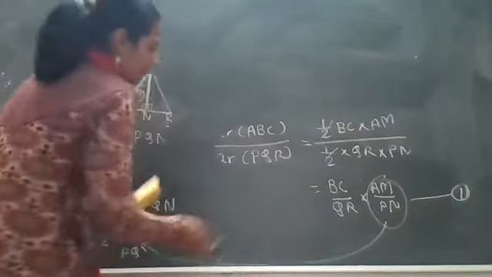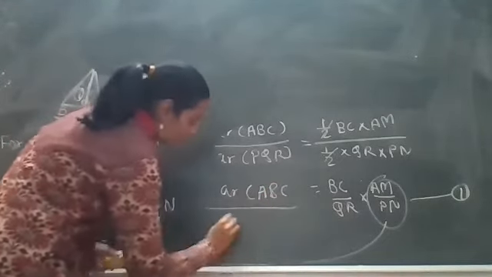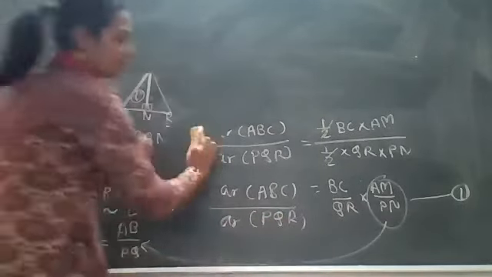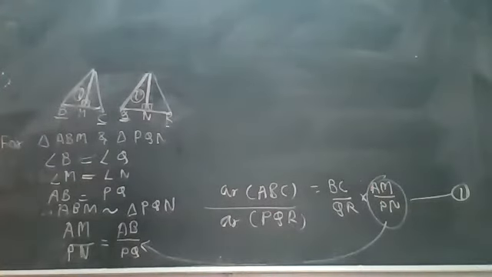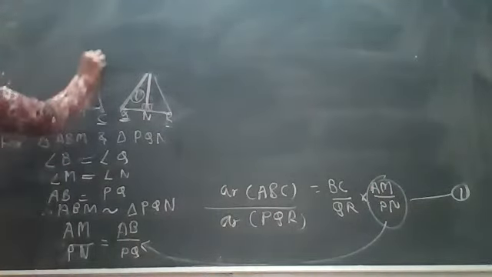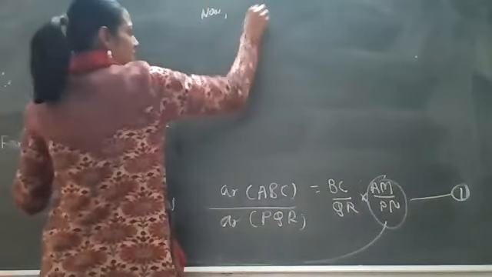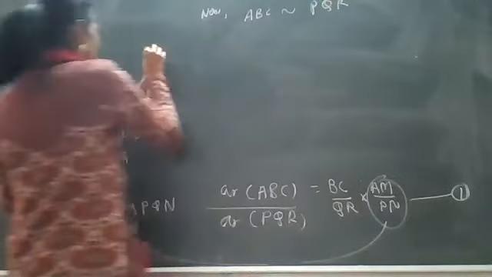So here I am writing that area of ABC upon area of PQR is equal to this one, because I have to erase this step. Okay? Now we are going to consider the whole triangle. The next part is ABC is congruent to PQR.